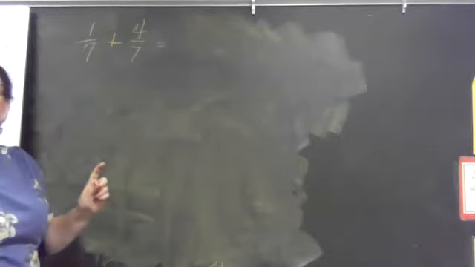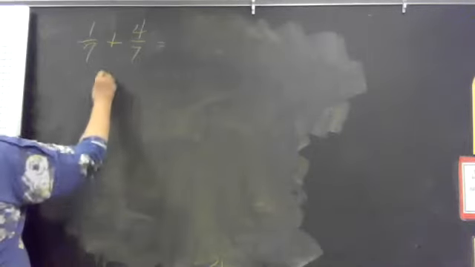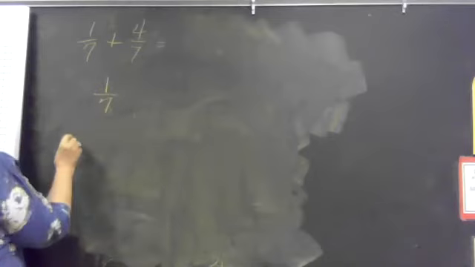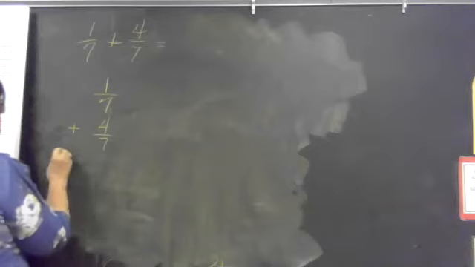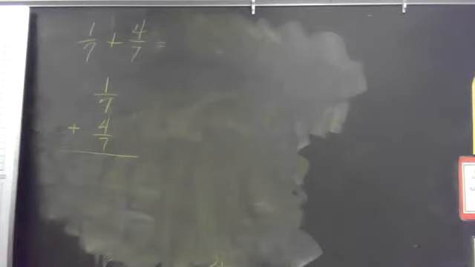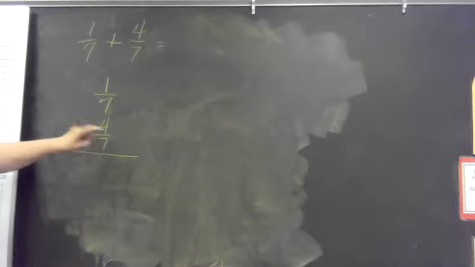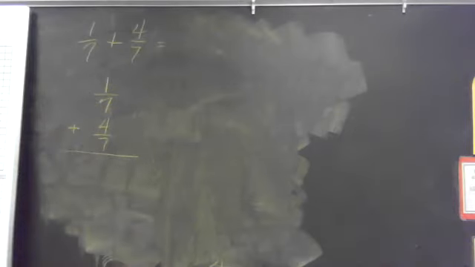Then immediately, if it's adding or subtracting fractions, I highly recommend that you write it again vertically. 1/7 plus 4/7. I would always write it up and down, because when we have different denominators, it's very easy to do. So we're going to write it vertically.